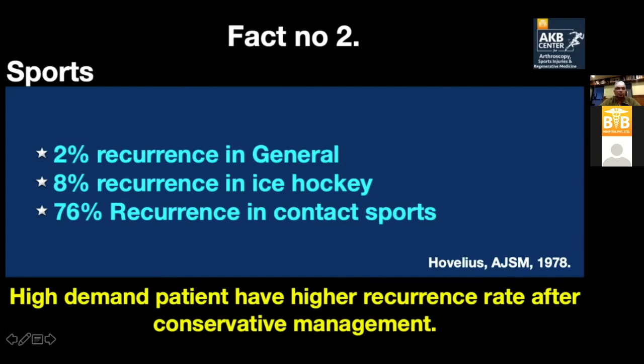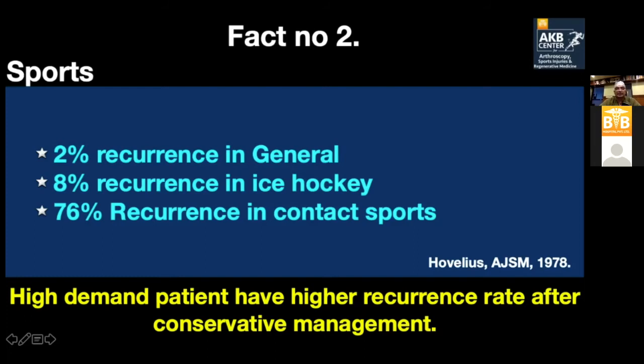But in sports activities, it is 8% in ice hockey, and the recurrence rate is 76% in contact sports. So this paper, again a pretty old paper, suggests that high demand patients have a higher recurrence rate after conservative management, probably indicating towards a surgical intervention.